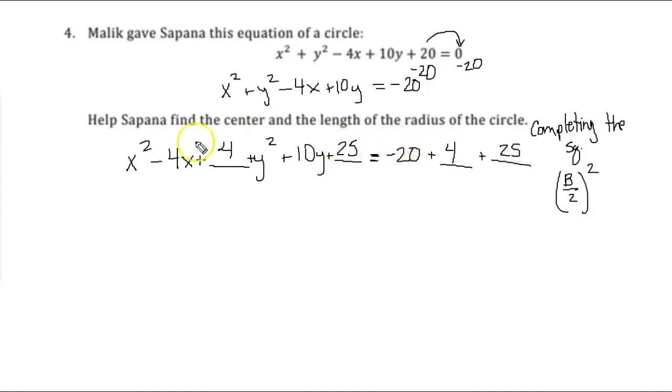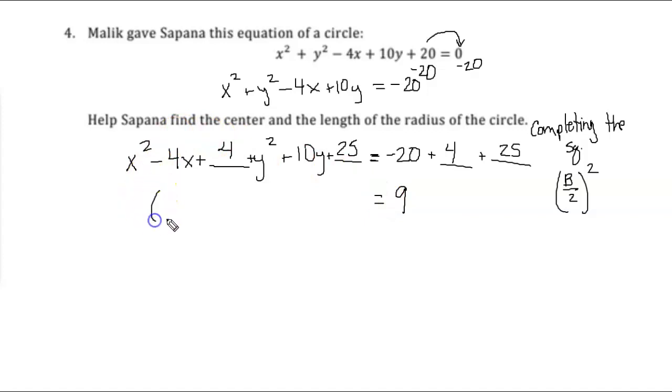So that means these numbers must have originally been 4 and 25, but I want to make sure I put them back over here. So on this side, we must have originally had 29 plus negative 20, which is actually just 9. So our radius squared was equal to 9.